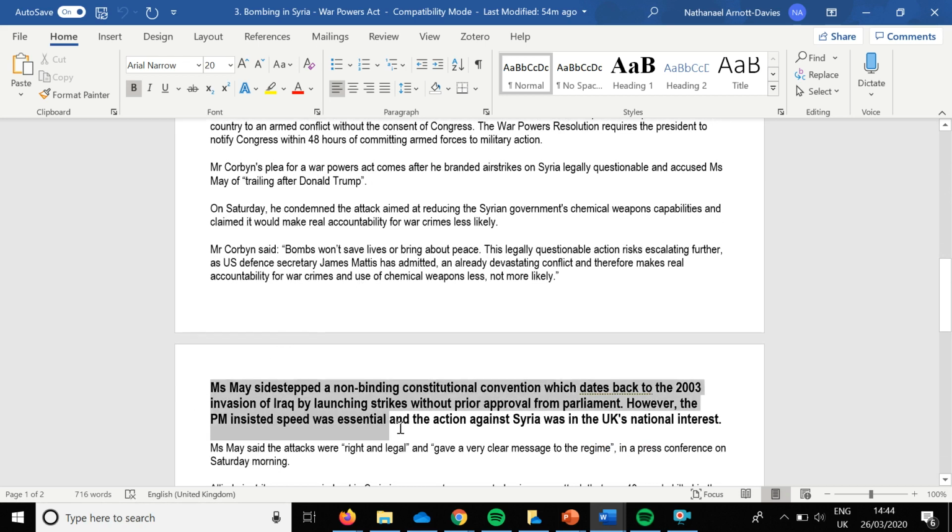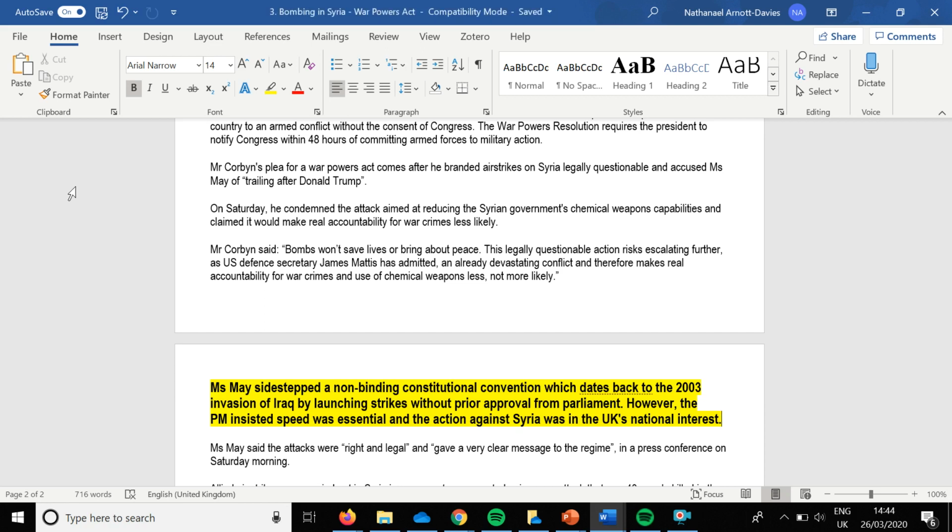And it's just really important, this paragraph here I wanted to highlight, put it in bold for you guys, but it says here, Mrs May sidestepped a non-binding constitutional convention which dates back to 2003 by launching strikes without prior approval from Parliament.